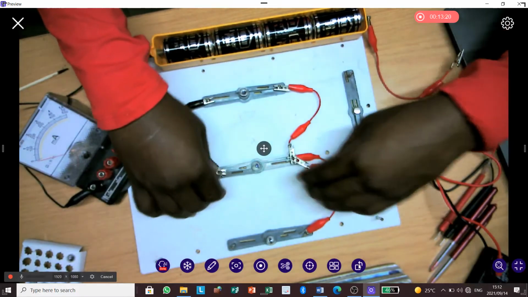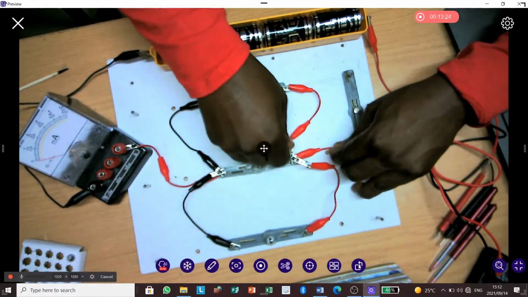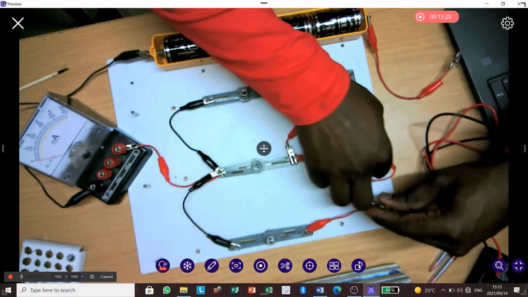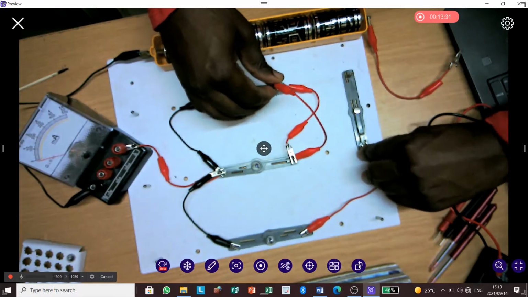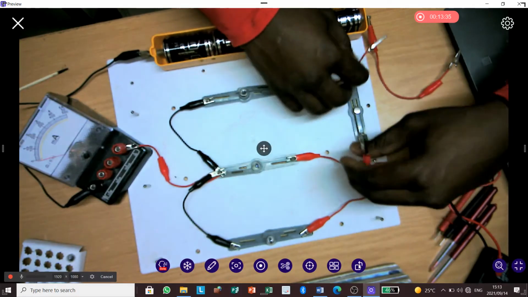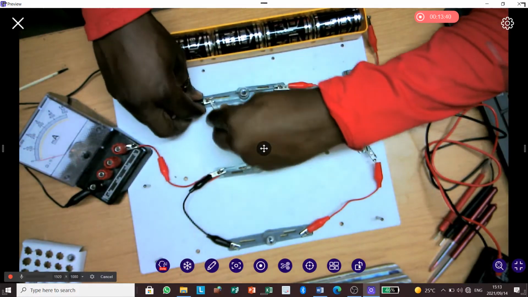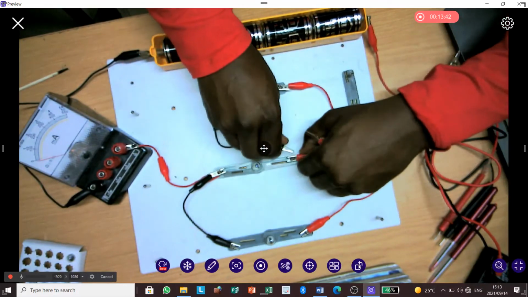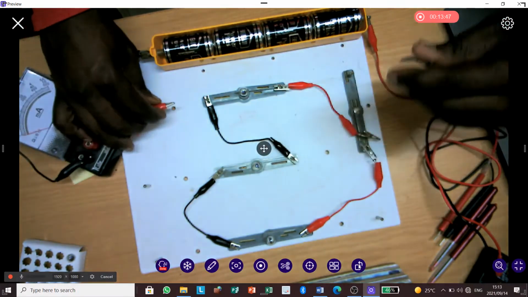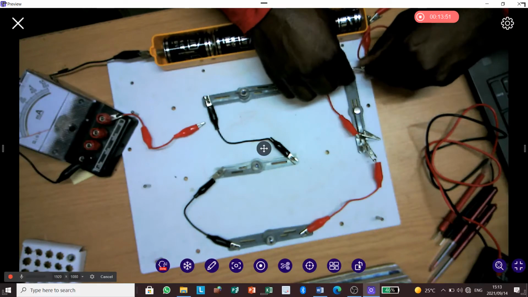So in order to break it, I just simply do this.